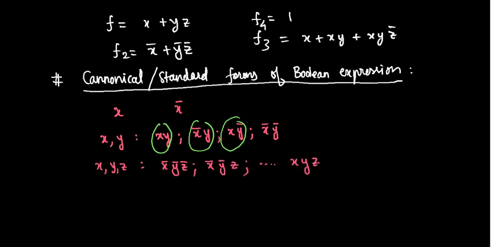In each and every term, every variable is covered, either in complemented or uncomplemented form. Each and every term is having literals covered. Now these terms are called min terms.